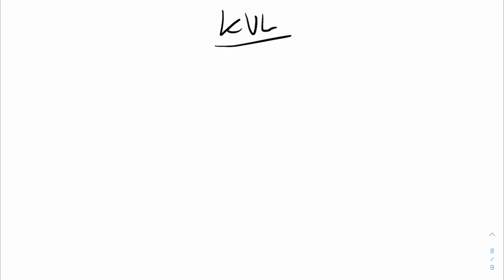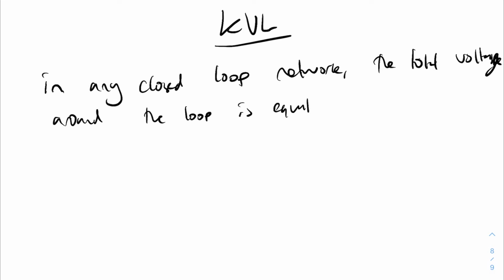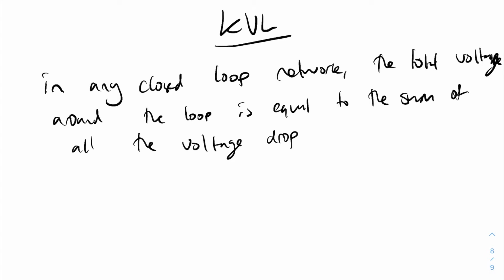So what the law states is that in any closed loop network, the total voltage around the loop is equal to the sum of all the voltage drops within the same loop.